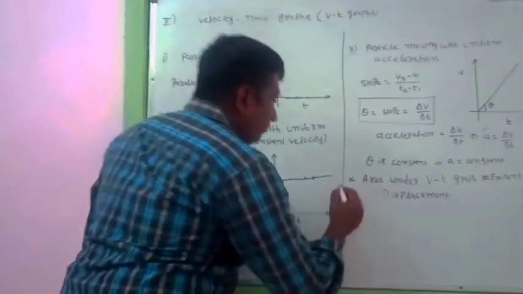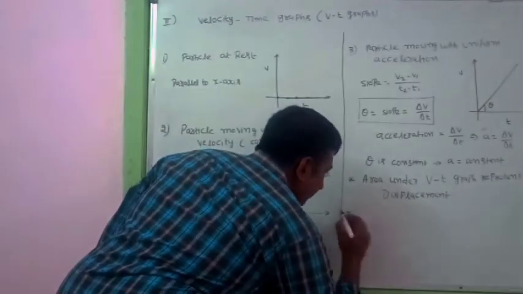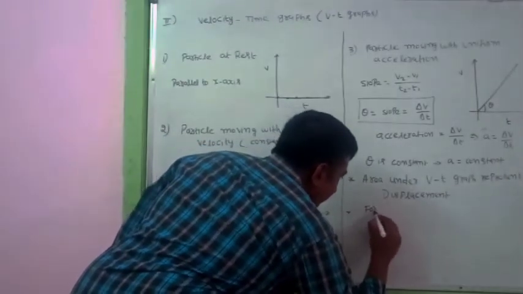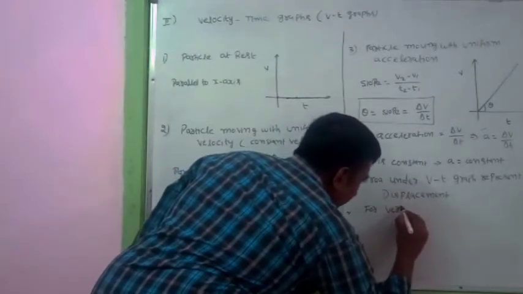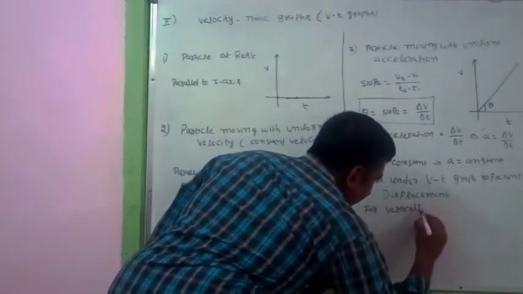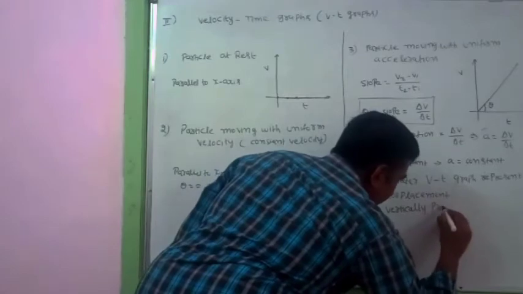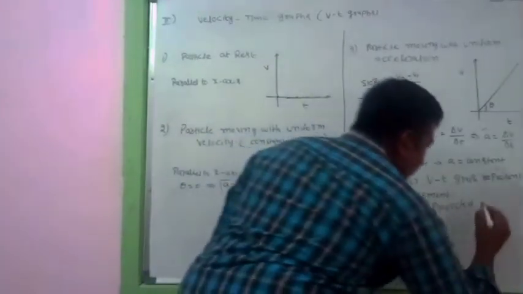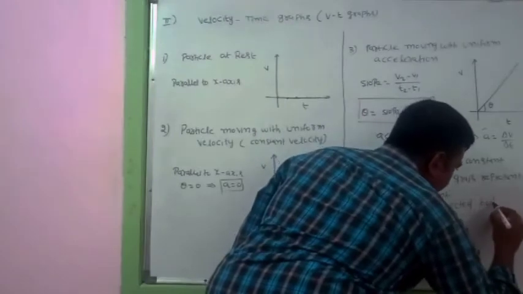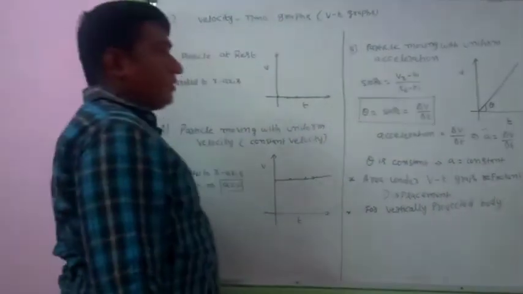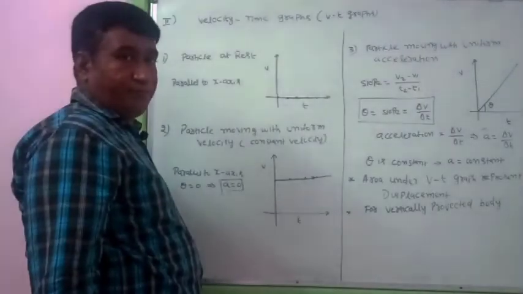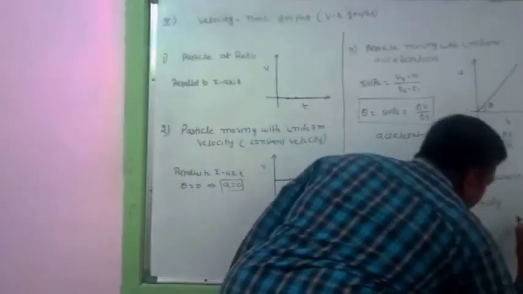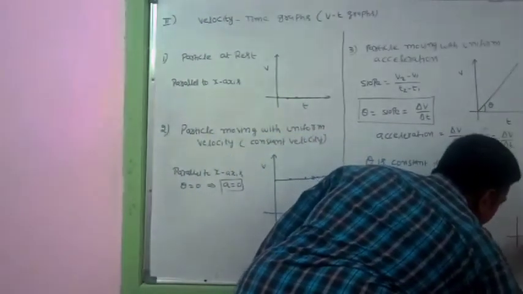And then finally, for a vertically projected body, what is the velocity time graph?